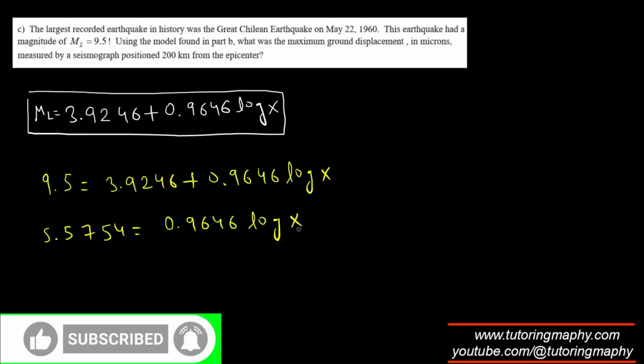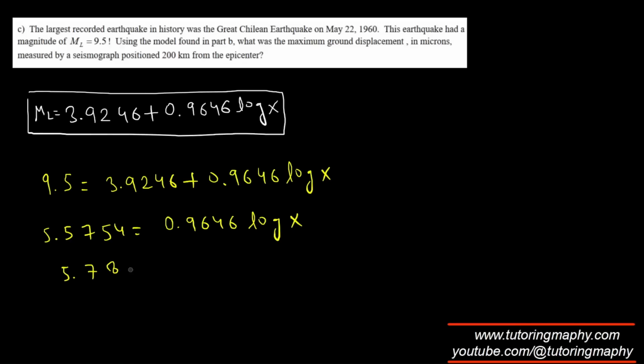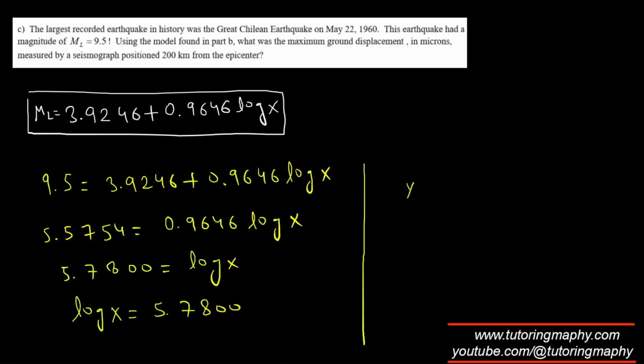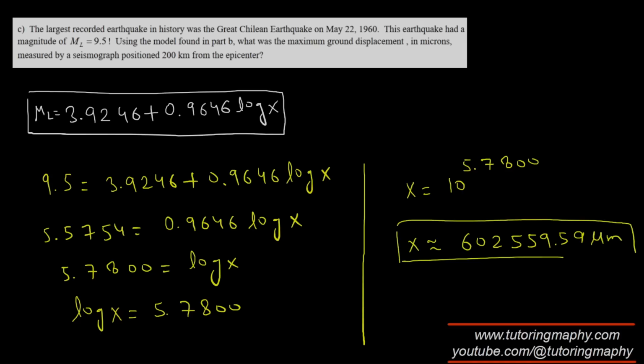Dividing both sides by 0.9646, we get 5.7800 is equal to log of x. Let's flip the equation. So log of x is equal to 5.7800. So the value of x will be 10 raised to that number, right? 10 raised to 5.7800. So this value approximately comes out as 602,559.59 micrometers. That should be the final answer for this one.